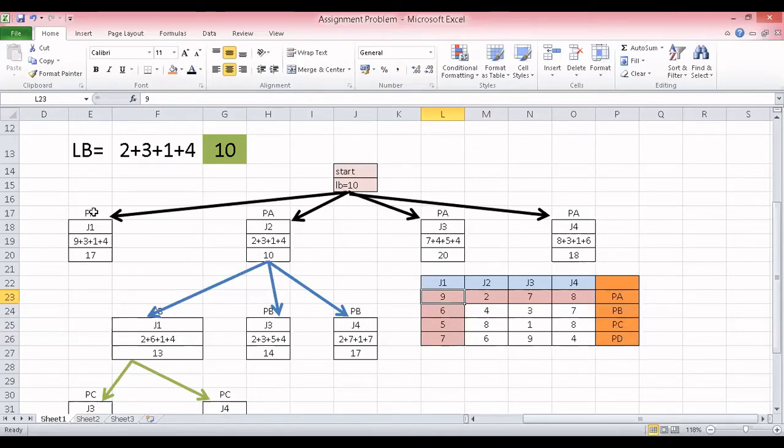It is 9, plus what I have to take into account is the minimum cost demanded by person B, person C and person D. This is how I need to calculate.